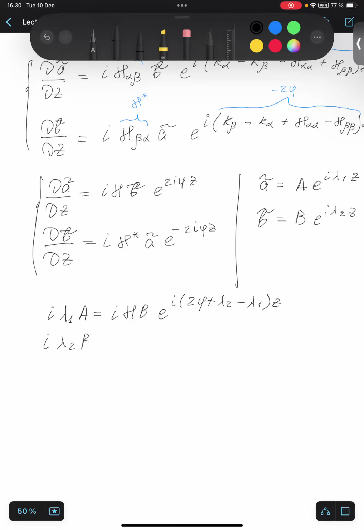And the second one: i lambda 2 B equals i kappa conjugated A e^(minus i(2 phi plus lambda 2 minus lambda 1) z).